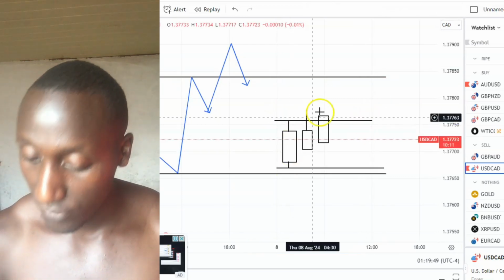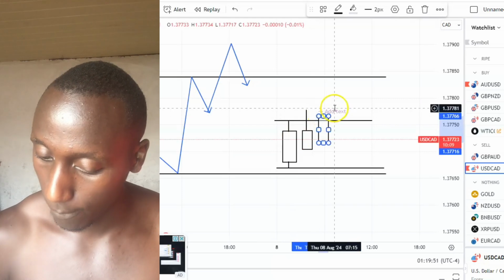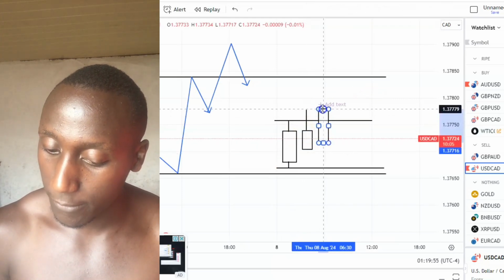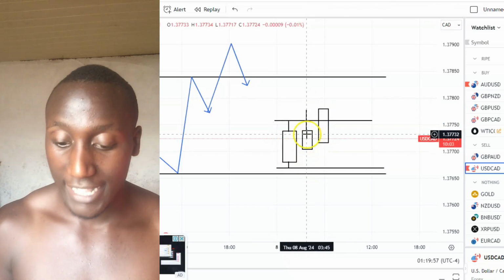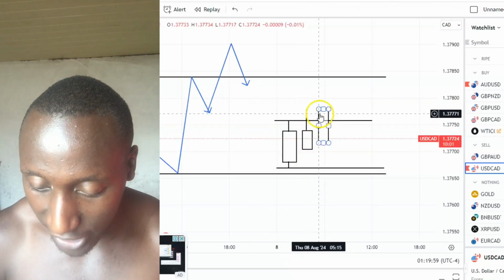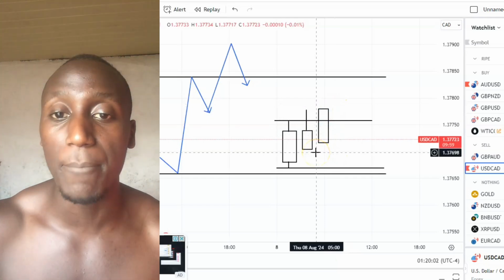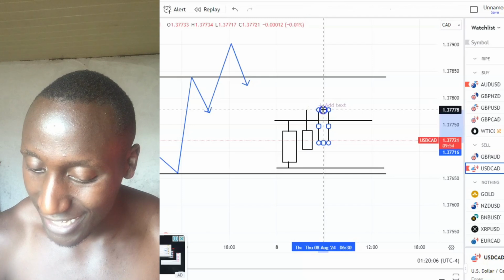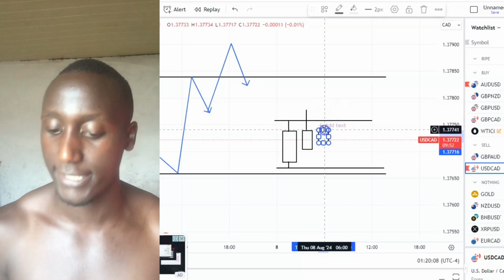Then Tuesday, now this is what we are looking for. Tuesday breaks out. So at some point, this candle here, this pin, was looking like this, so it was a breakout. But once the day closes, you see that actually the day closes back inside of the range.